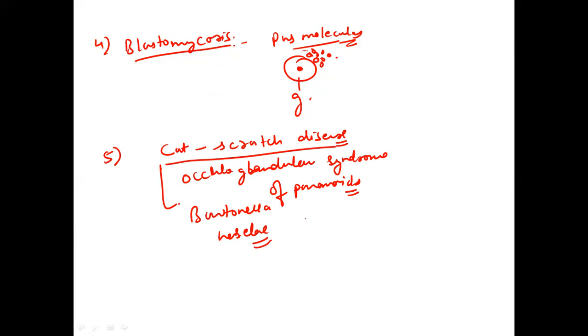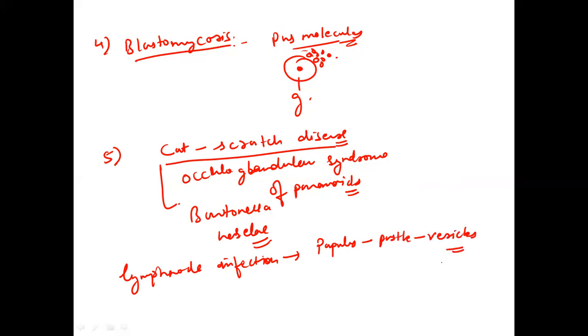It is basically a lymph node infection. In this case, first there is formation of papules, which form pustules, which further form vesicles. Right.